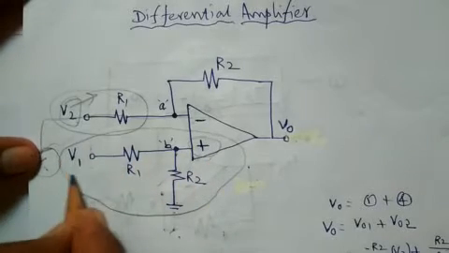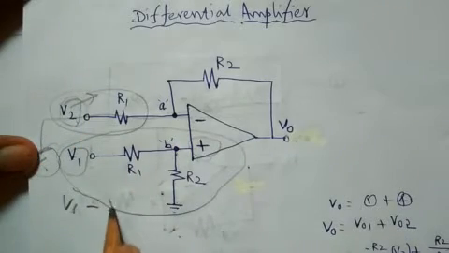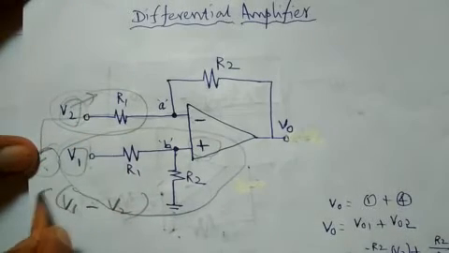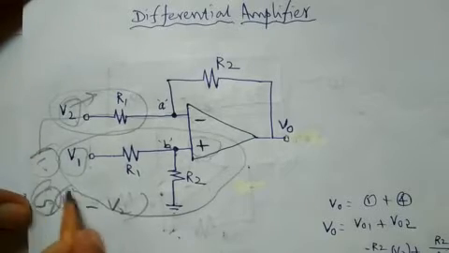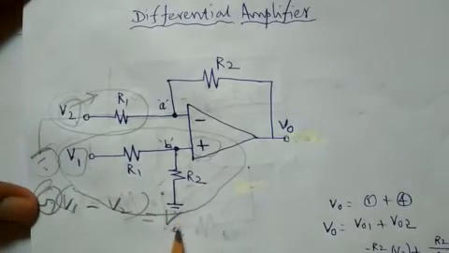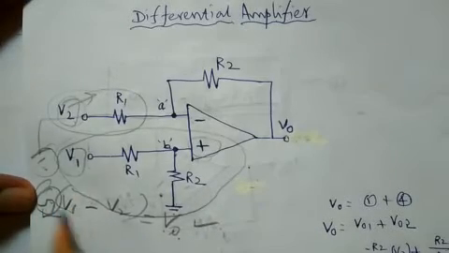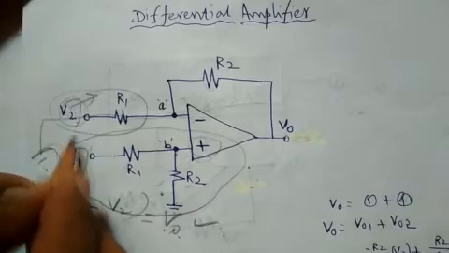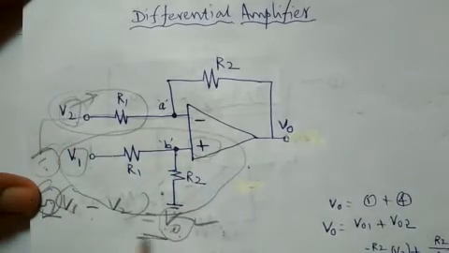So potential applied at the plus terminal V1 minus potential applied at the minus terminal V2, with an amplification factor we can take as G. So G multiplied by (V1 minus V2) will be our output. The gain factor G into (V1 minus V2), the difference between the two inputs applied at the positive and negative terminals, gives us the actual output.